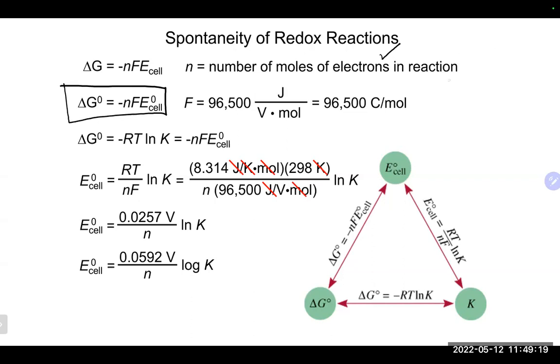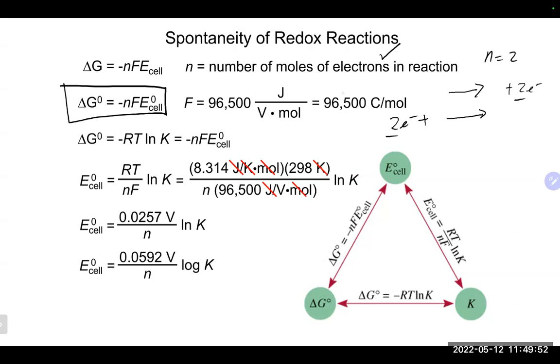What I mean by that is if you have 2 half reactions, and on one side it says plus 2 electrons, and on the other one for the reduction, it says 2 electrons plus, n would be, in this case, 2, not 4. So you don't want to add those together. It's just 2 electrons being lost by the species being oxidized, and the same 2 electrons being gained by the species being reduced. So in this case, n would equal 2. Sometimes people want to add those together to get to n.